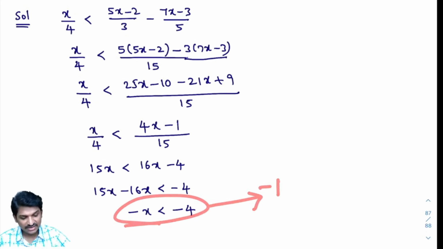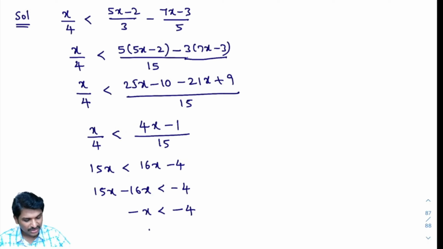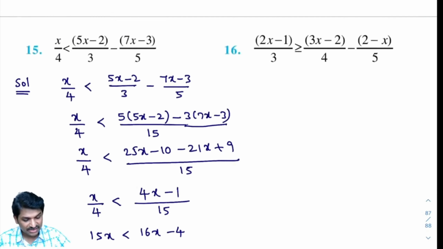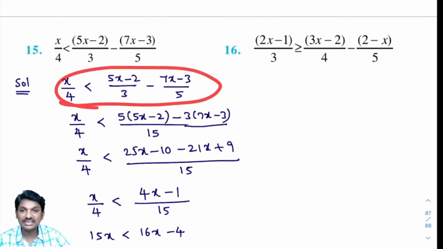Multiply with minus 1 into x, that is plus x. As we are multiplying with a negative real number, this less than changes to greater than. That is what we learned in rule number 3. Minus 1 into minus 4 is 4. So x is greater than 4. You take any real x value which is greater than 4, that satisfies this inequality.